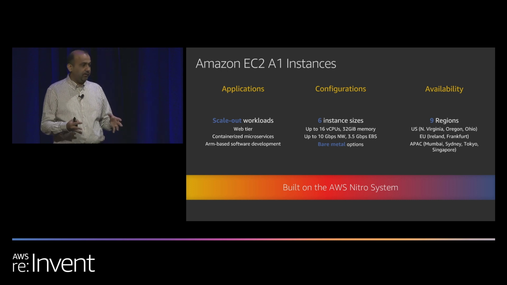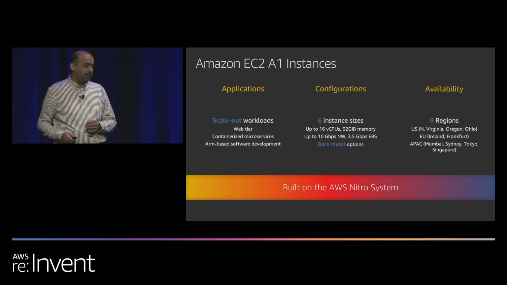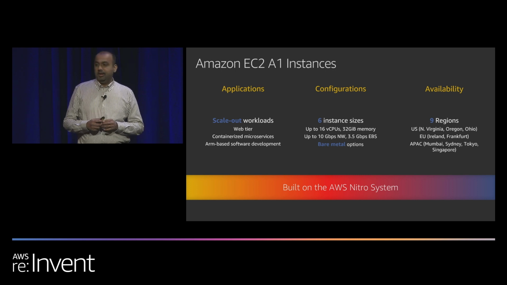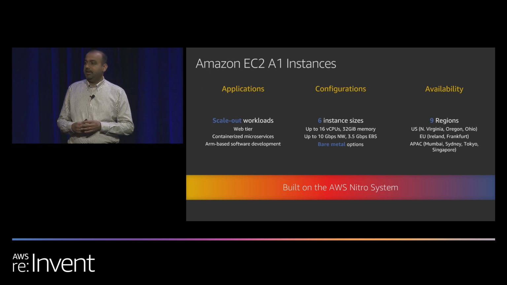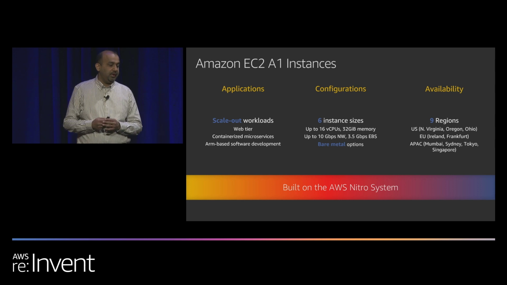So that makes it ideal to run non-virtualized workloads on bare metal instance types. And in terms of global availability, the A1 availability has now grown to 9 regions. That includes 3 in the US, 4 in APAC, and 2 in EU.